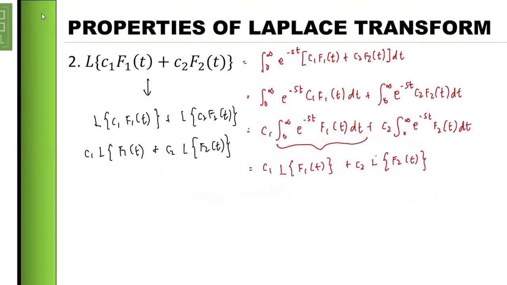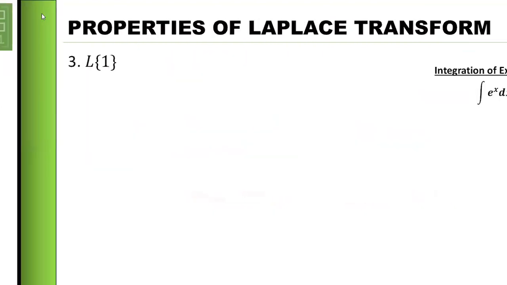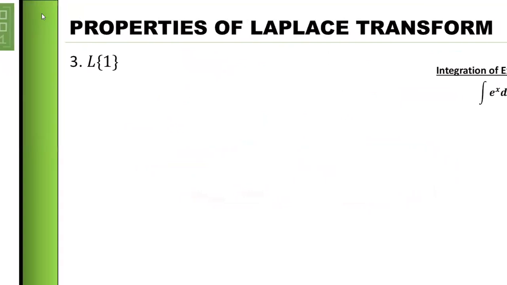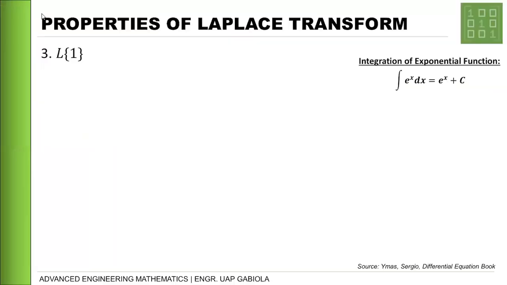Okay? So, ayan. So, next sa property natin, we will deal with a number na, no? So, as dito, try natin. So, L, Laplace transform ng 1. Okay? So, si Laplace transform ng 1 is, okay?